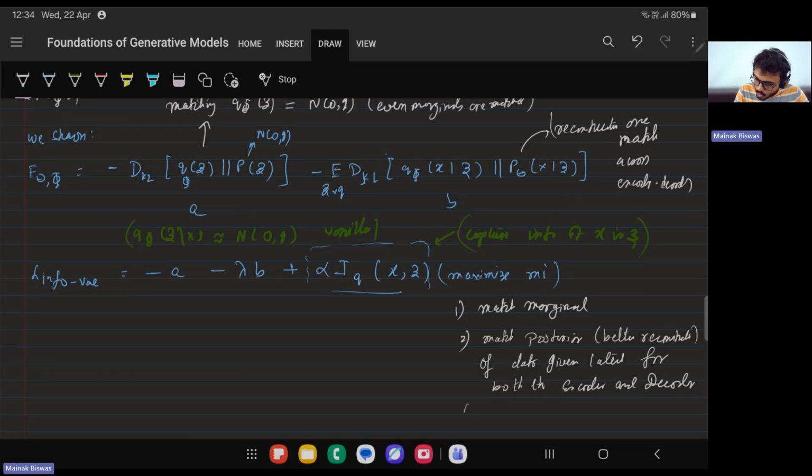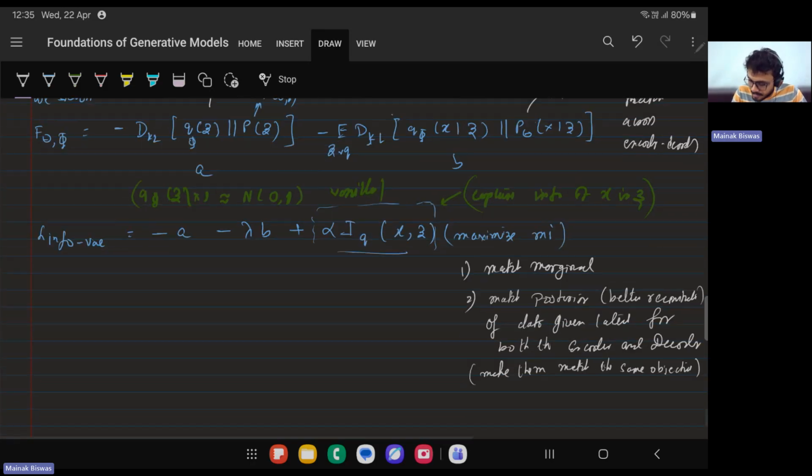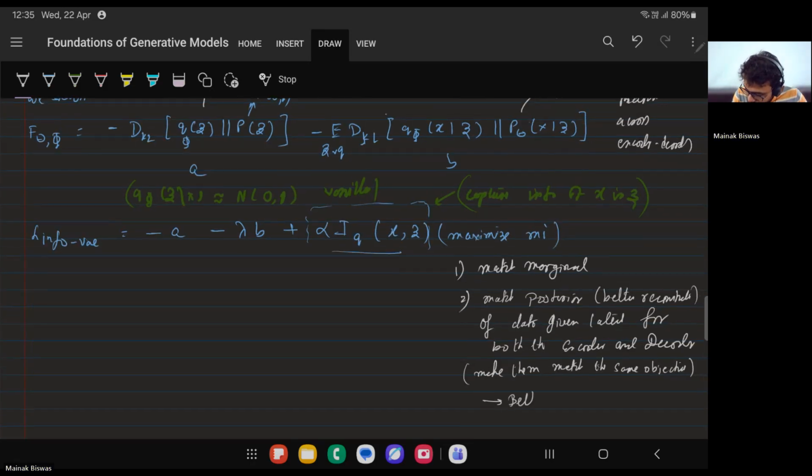So you make them match the same objective. That is, you're making both the encoder and decoder give you better reconstruction. This will give you better marginal, meaning better closeness to normal 0, 1.